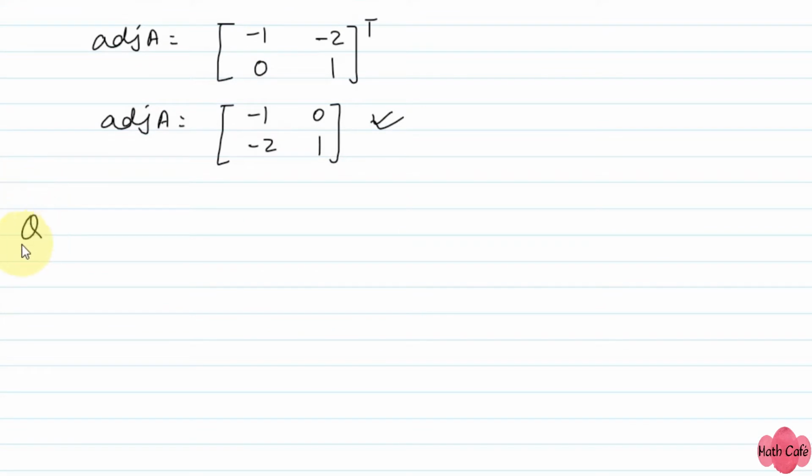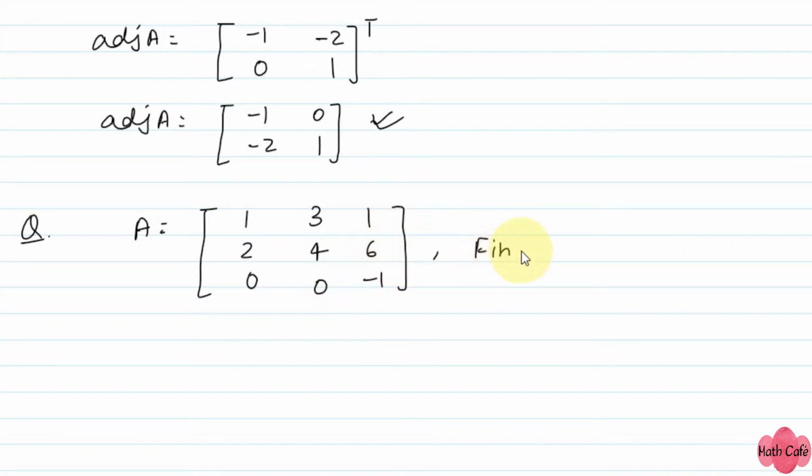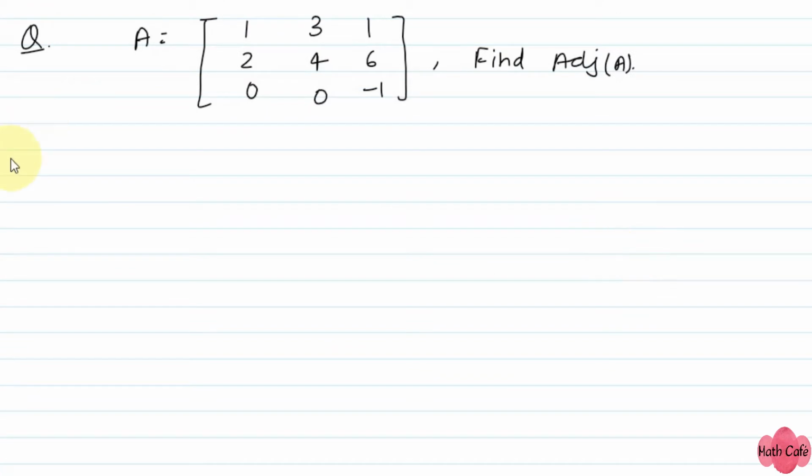So let's move to another example here. Let's say a matrix A is given to us: 1, 2, 0, 3, 4, 0 and 1, 6, minus 1. And we need to find the adjoint of A. Okay, let's proceed. So first of all, we will find the cofactors corresponding to each element.